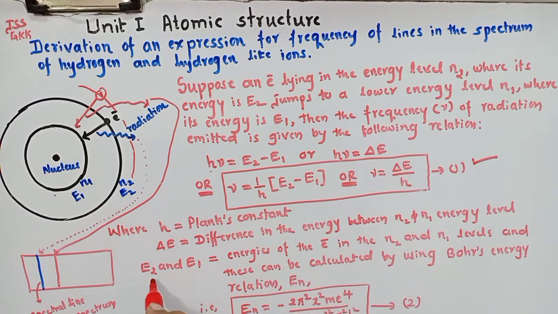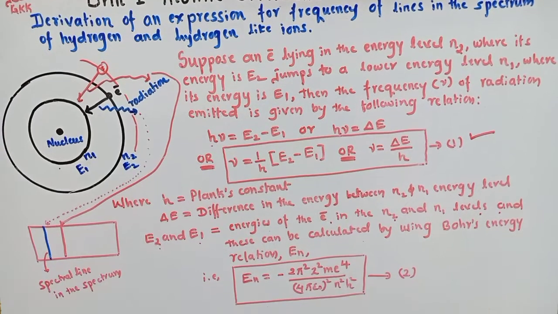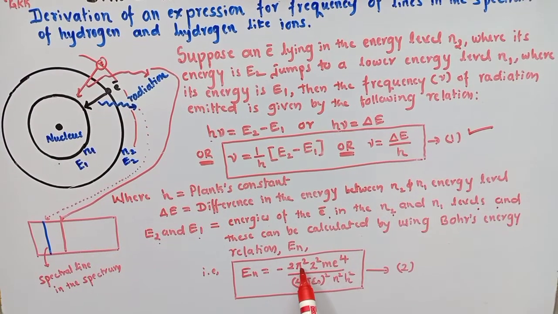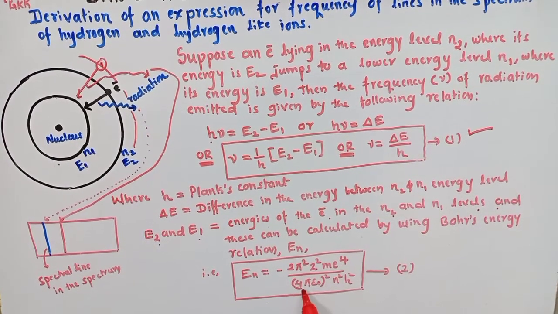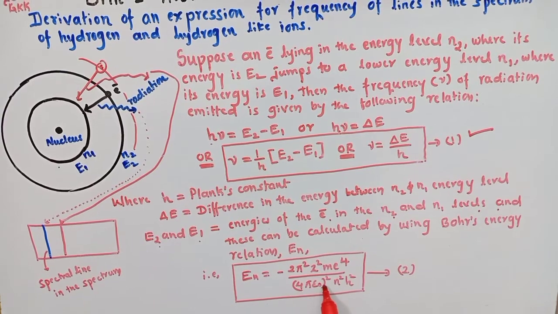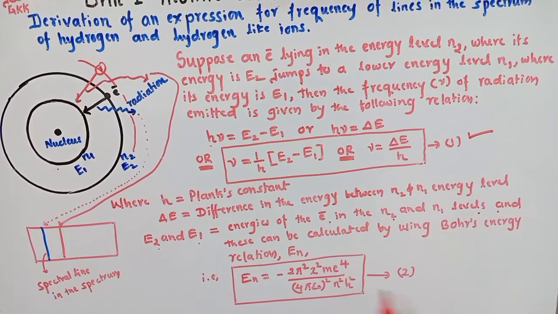Further, E2 and E1 are the energies of the electron in the N2 and N1 energy levels, and these can be calculated by using Bohr's energy relation, that is En is equal to minus 2 pi square z square m e raised to 4 divided by 4 pi epsilon naught whole square n square h square.